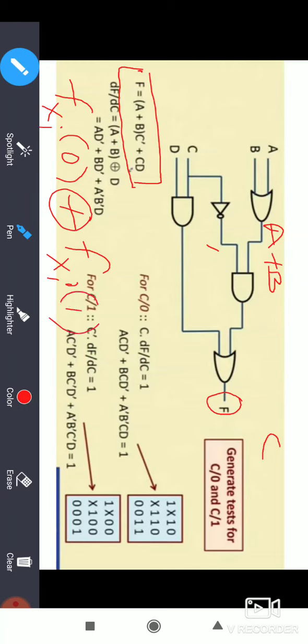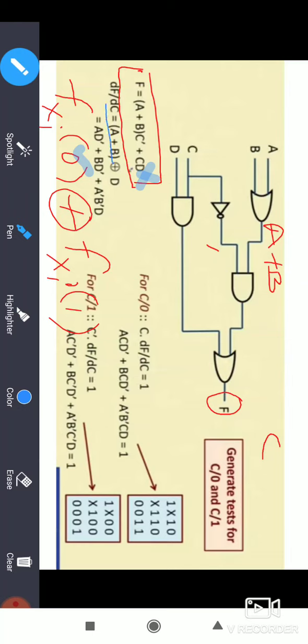If we apply c equal to 0, the term cd is eliminated and c bar is 1, so we have a plus b.